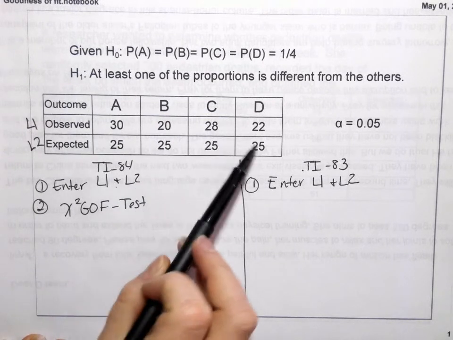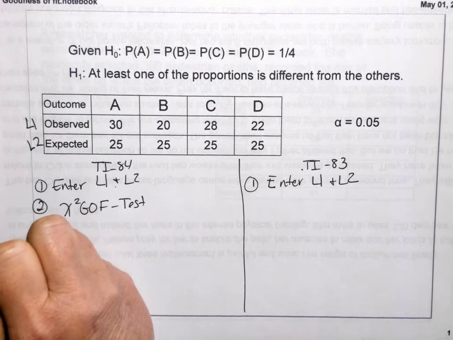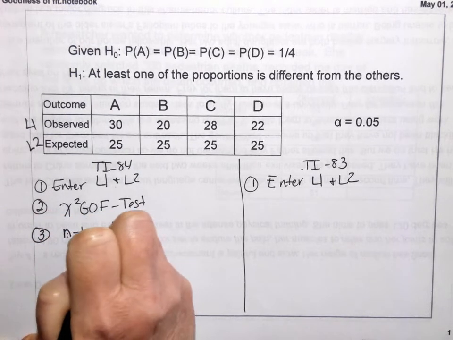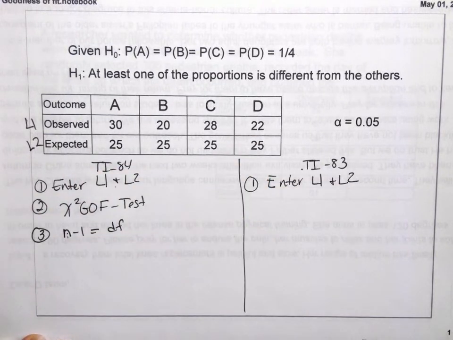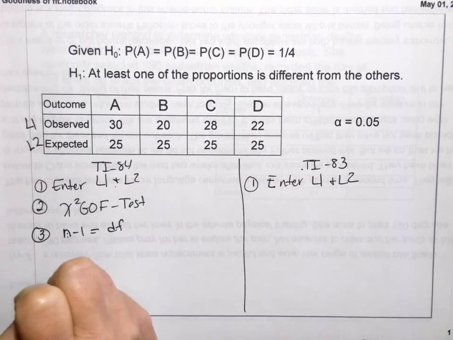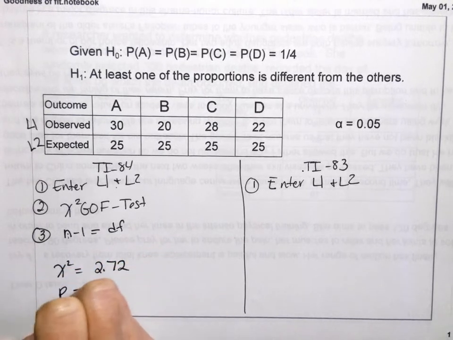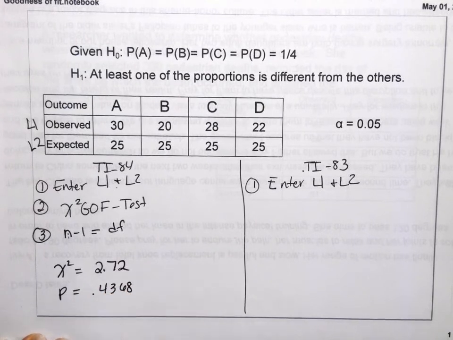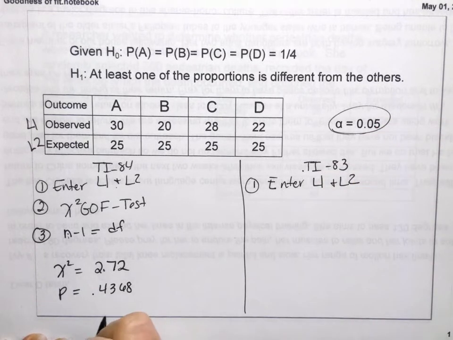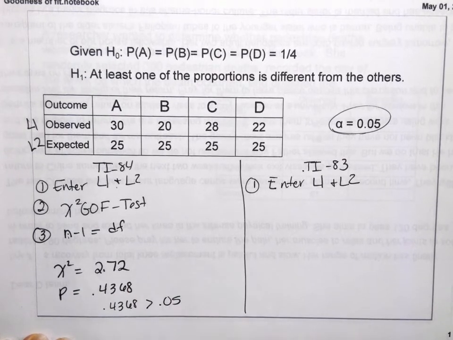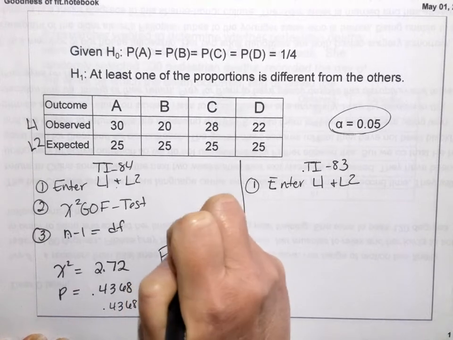You have 4 items, so you have to enter the degrees of freedom: n minus 1, so 3, and choose calculate. It tells you your chi-squared value is 2.72, and your p-value is 0.4368. If you compare that to your alpha, which is 0.05, 0.4368 is greater than 0.05, so we would fail to reject.